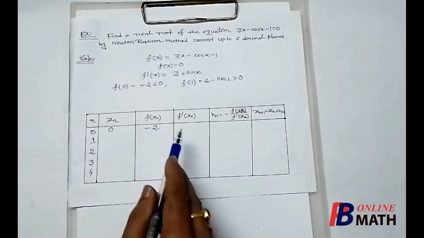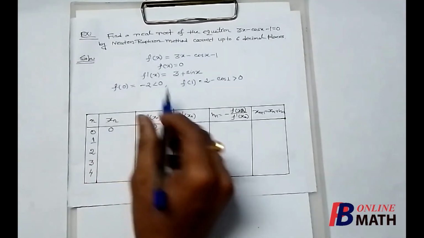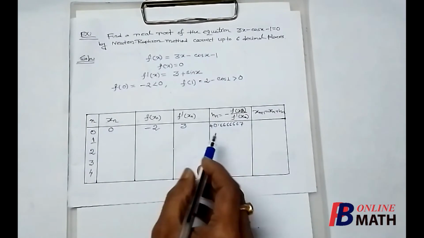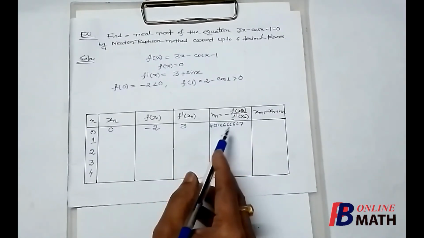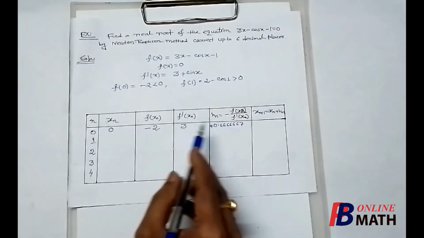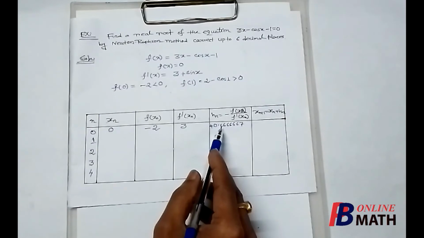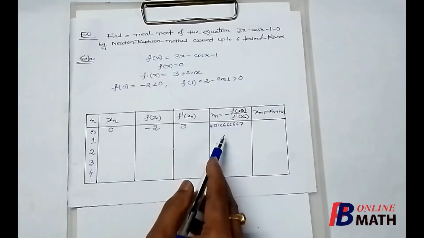So next we find f dash xn. If we put x equal to 0 here, it will be 3. Now if we compute minus f(xn) by f dash xn, it is minus of minus 2 by 3, that is 2 by 3, which is 0.6666667, correct up to 7 decimal places.